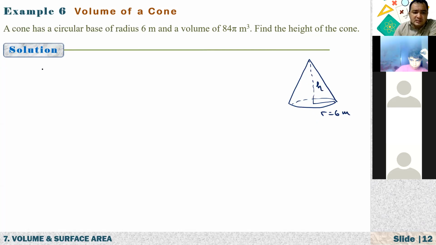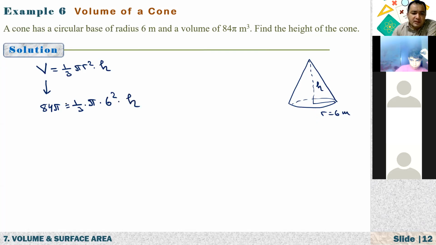The volume is 84 pi. So volume is equal to 1/3 times pi r squared times h. That is, 84 pi equals 1/3 times pi times 6 squared times h, right? So the pi cancel each other.